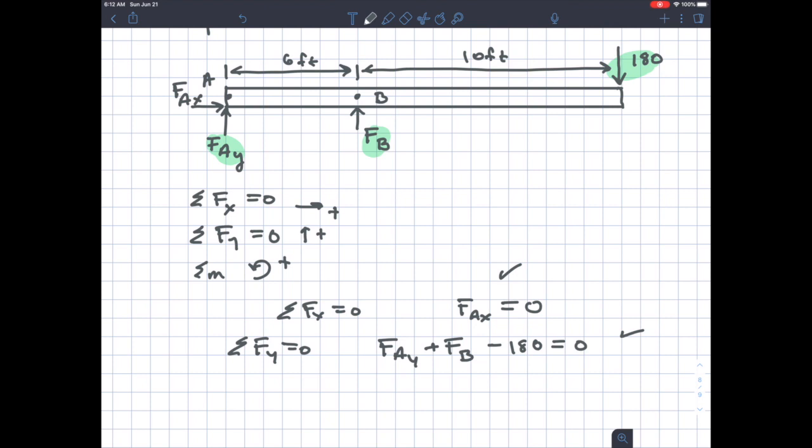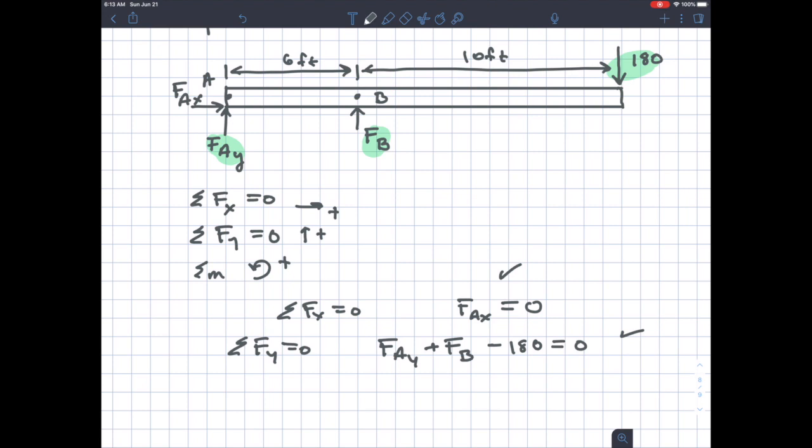At this point I have two equations and three unknowns. Well, we know FAX, so now one equation involves two unknowns. It looks like I'm going to need another equation.